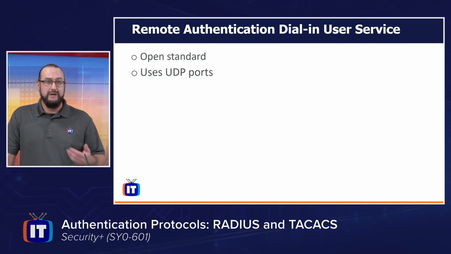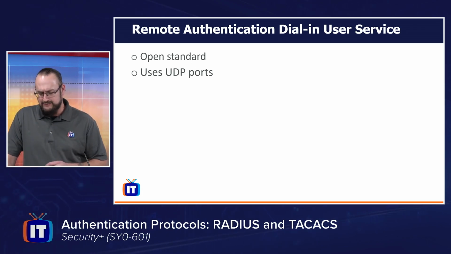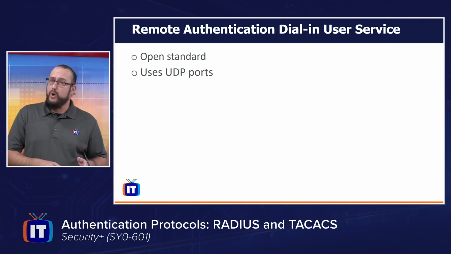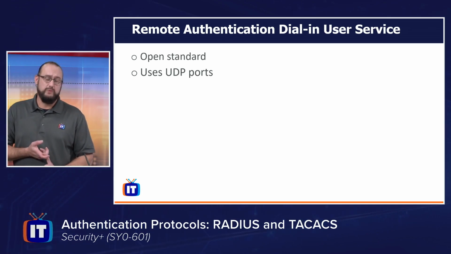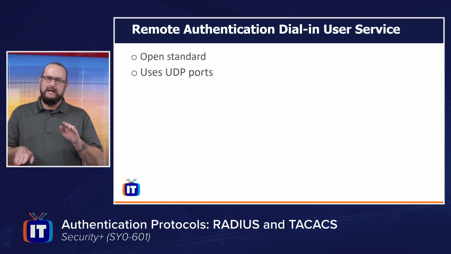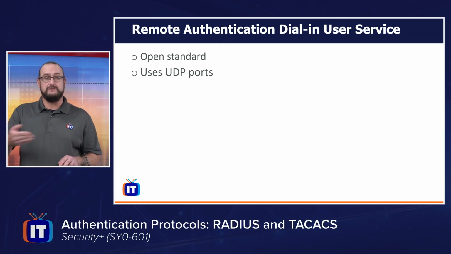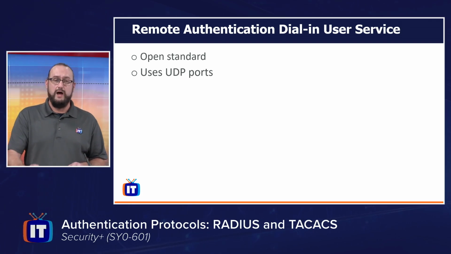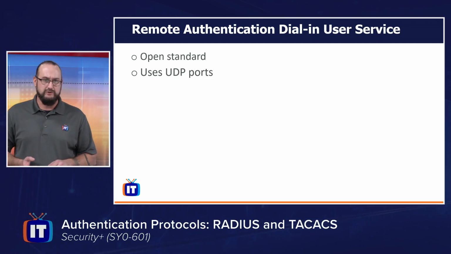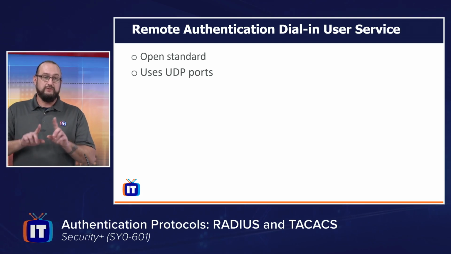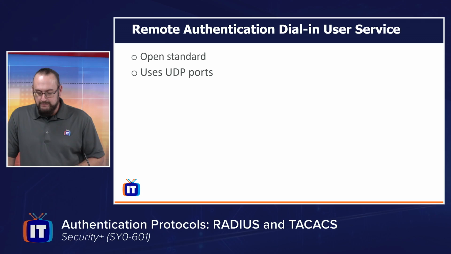Authentication requests will use 1812, and the accounting part, which we'll talk about, is going to be port 1813. There are other older ports too. You might see ports 1645 and 1646. I don't know which one you're going to see. In fact, if you were to implement RADIUS through Windows Network Policy Server, there is an option for both of those ports. So they are there depending on what you're supporting.